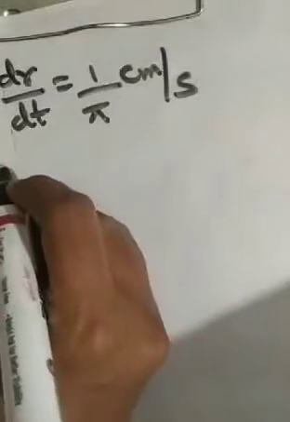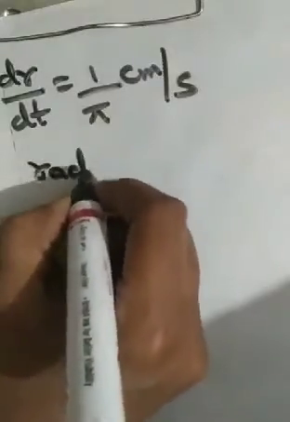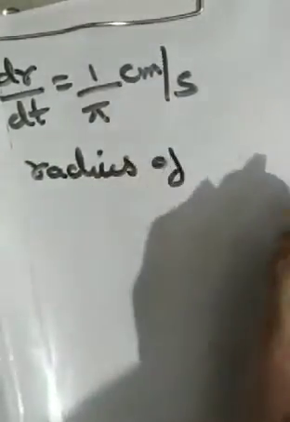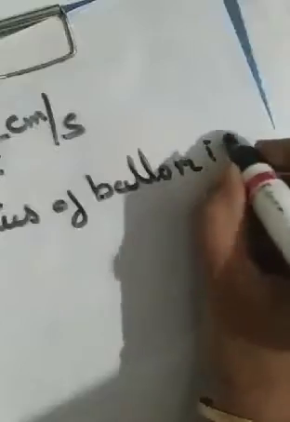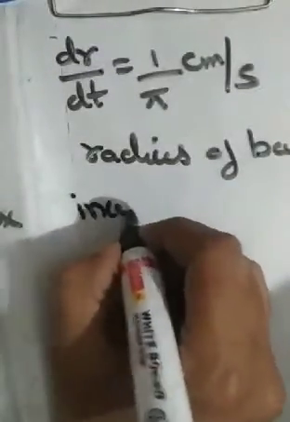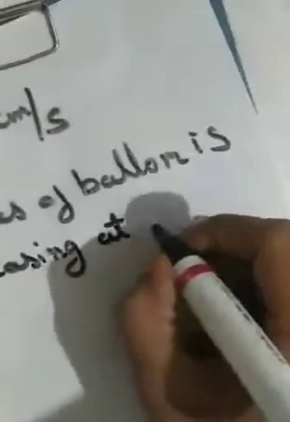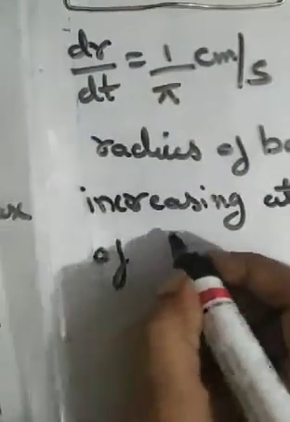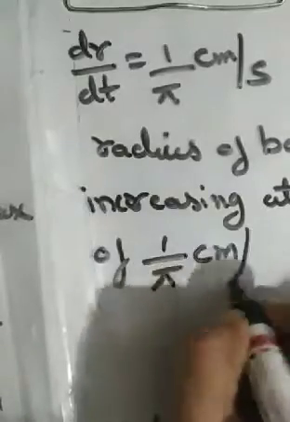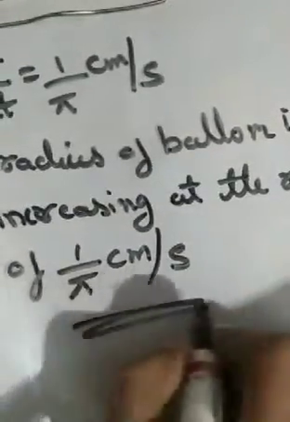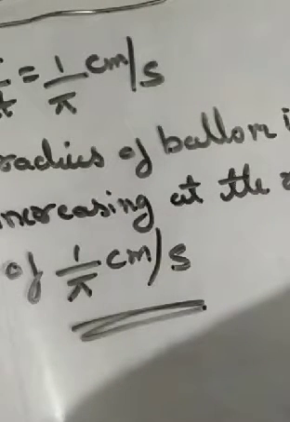So the rate at which the radius of the balloon is increasing: the radius of the balloon is increasing at the rate of 1 by pi centimeter per second.